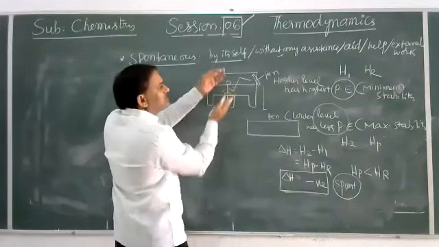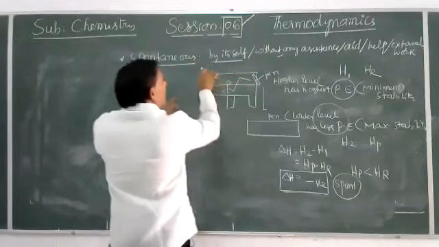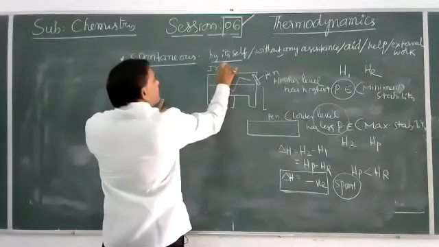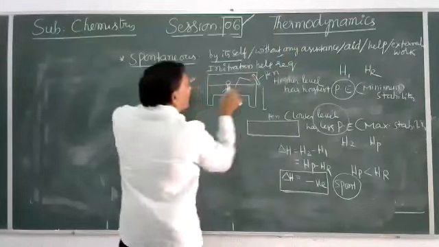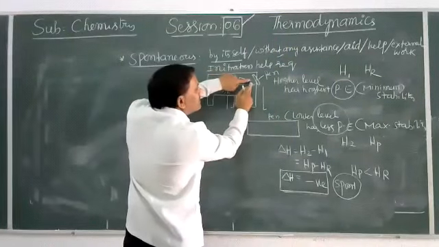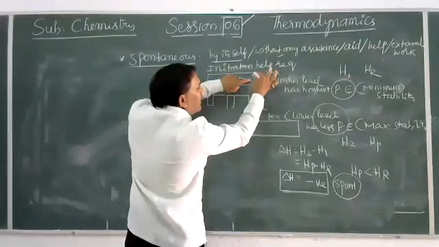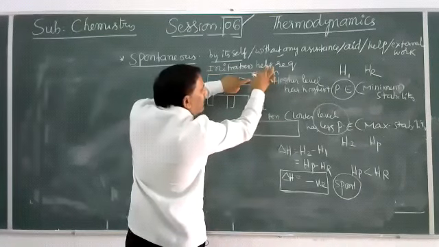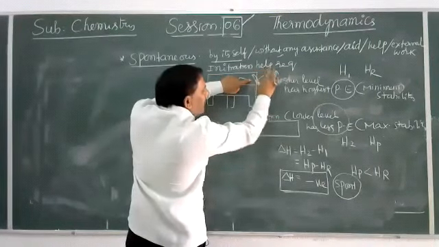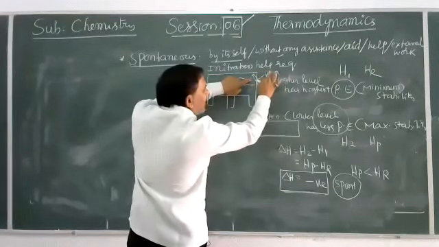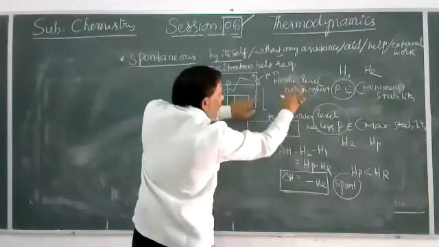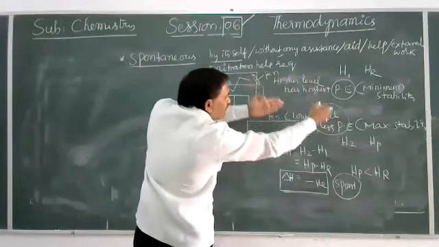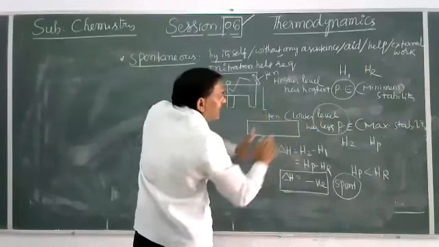For the pen, just initiation is required. Initiation means the student starts it, just lets go of the pen, and immediately it falls from the higher level to the lower level. The higher energy state comes to the lower energy state without any external aid.